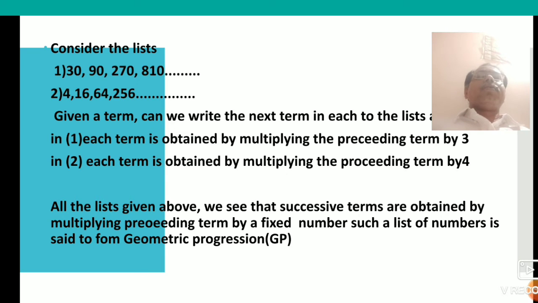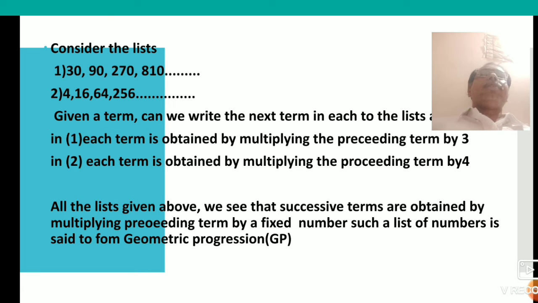Okay. So once again see this. In all the lists given above, we see that successive terms are obtained by multiplying the preceding term by a fixed number. Such a list of numbers is said to form a geometric progression. So see the first list, 30, 90.